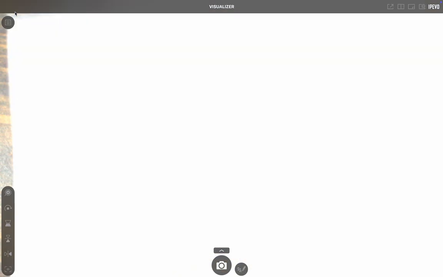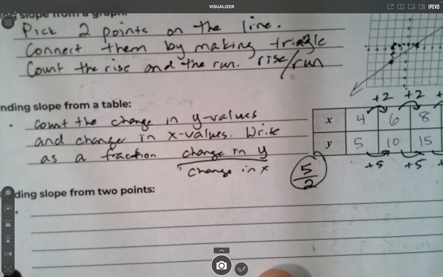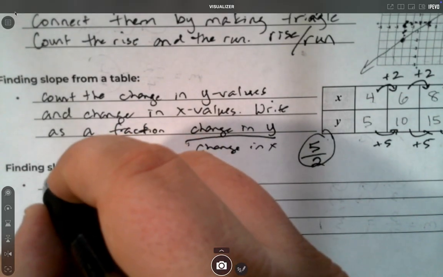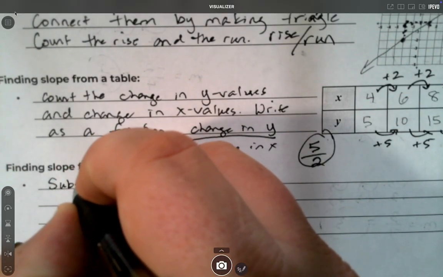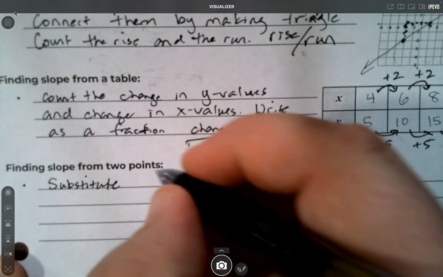So let's go to our last point. Finding slope from 2 points, meaning from 2 ordered pairs. So this is the formula you need to remember for life, or at least until you graduate high school and or college.